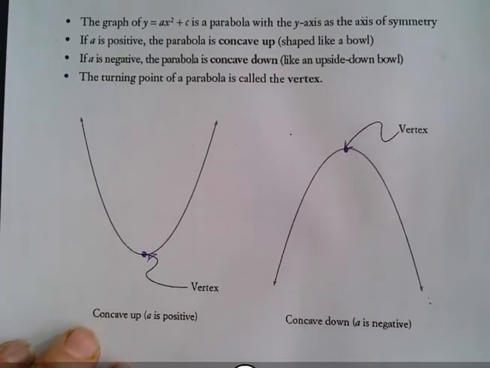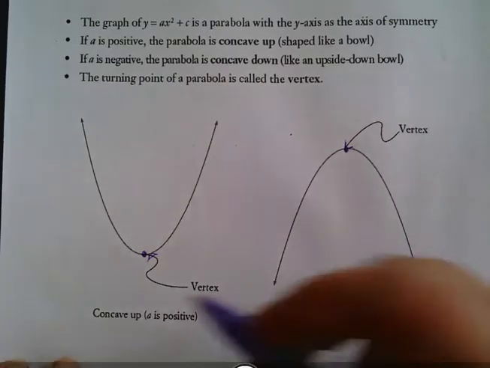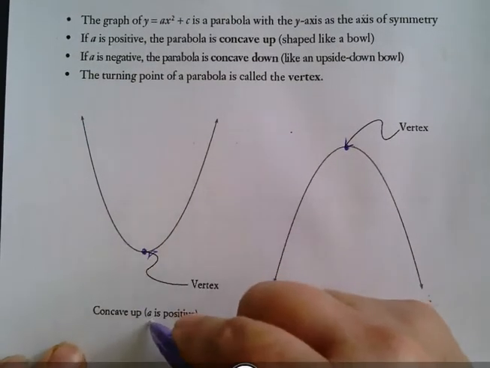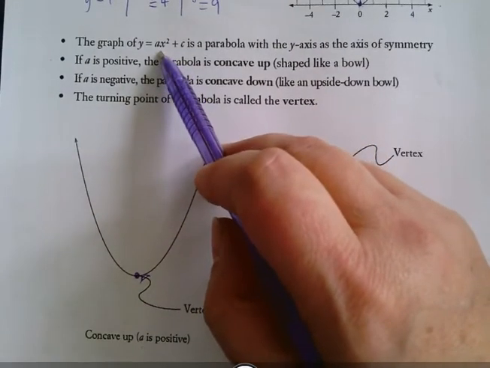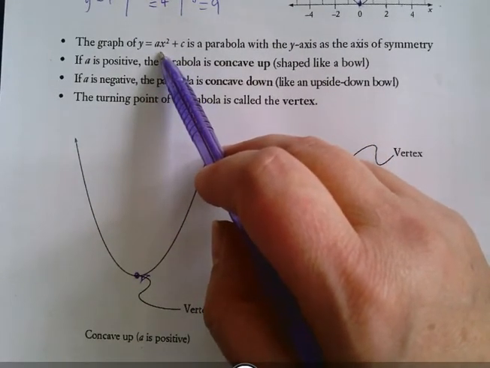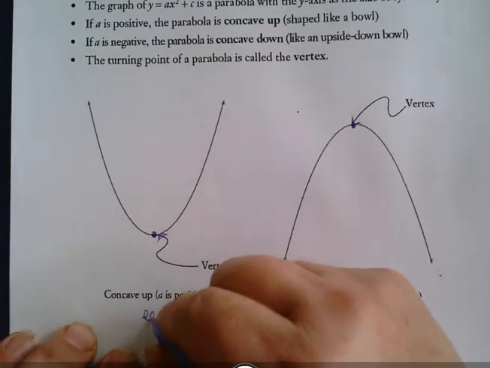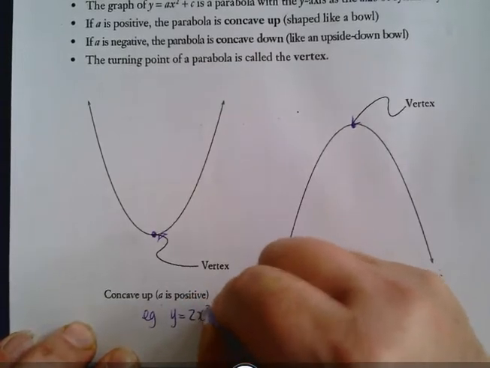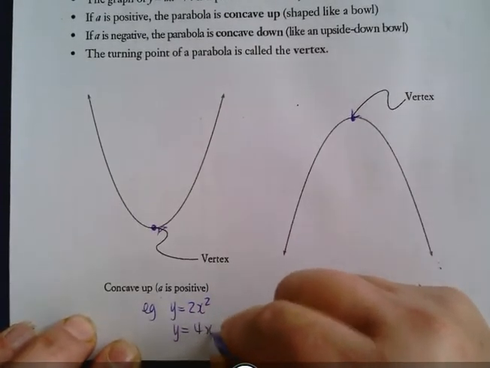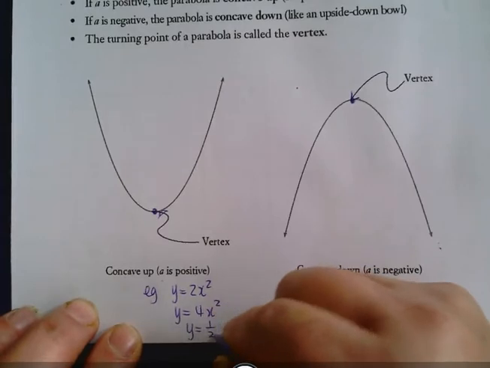Now, you know how for straight lines, the number in front of the x told us if the line was positive or negative? If your A here is positive, we're going to investigate this in a minute, it'll be concave up. If whatever is in front of the x squared is positive, it'll be upwards. So examples, this might be y equals 2x squared, y equals 4x squared, y equals a half x squared.